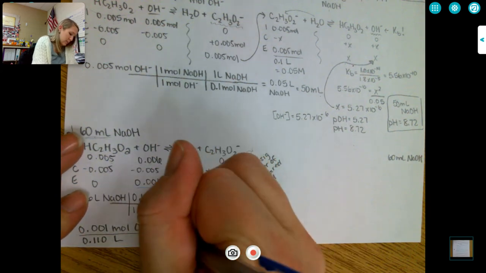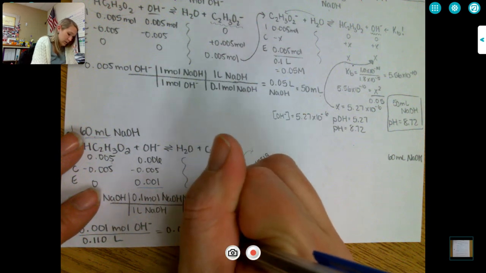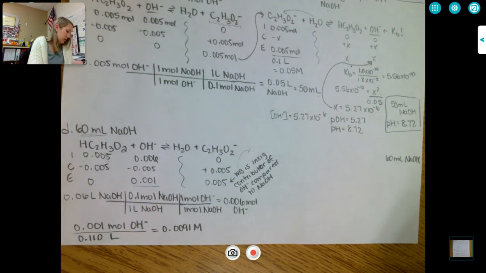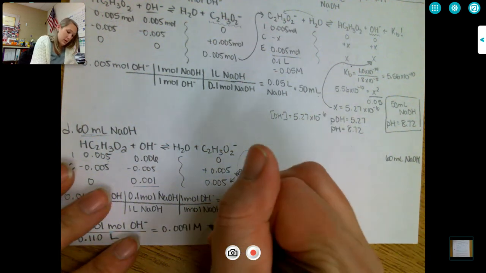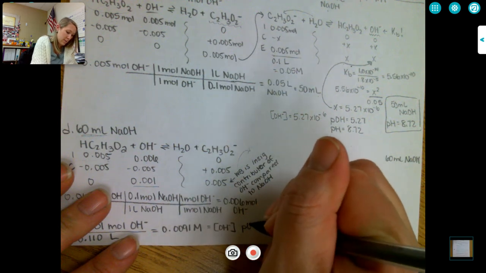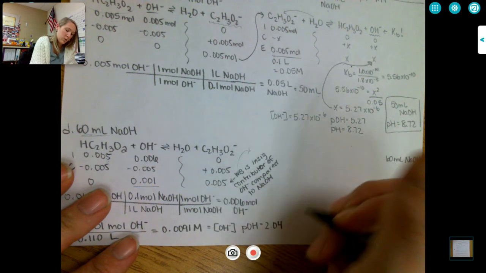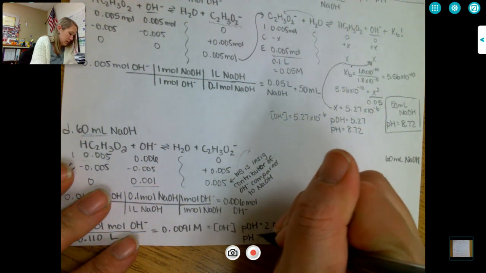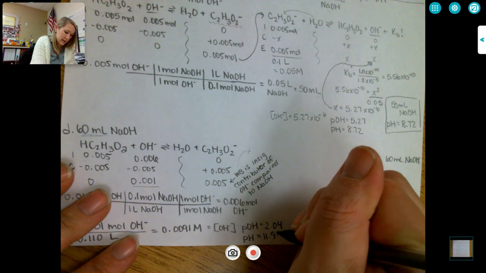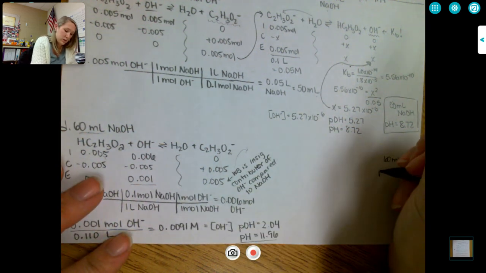So when I do that, I get 0.0091 molar of our sodium hydroxide. That's our concentration of hydroxide ions. So from there, I can get my pOH, which is 2.04, and a pH, which is 11.96. So that gives me my final pH value.